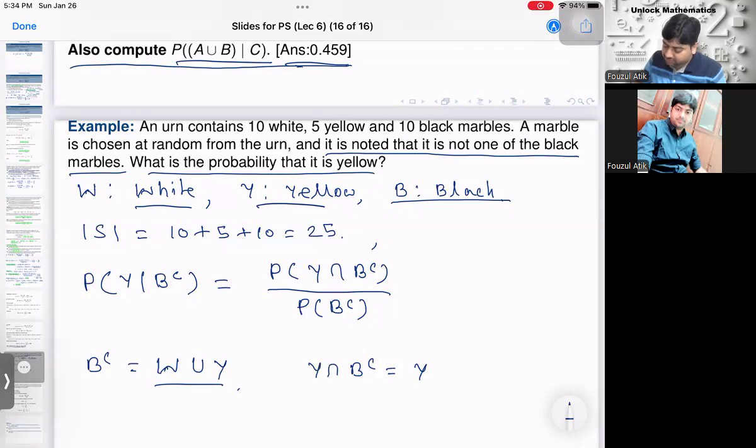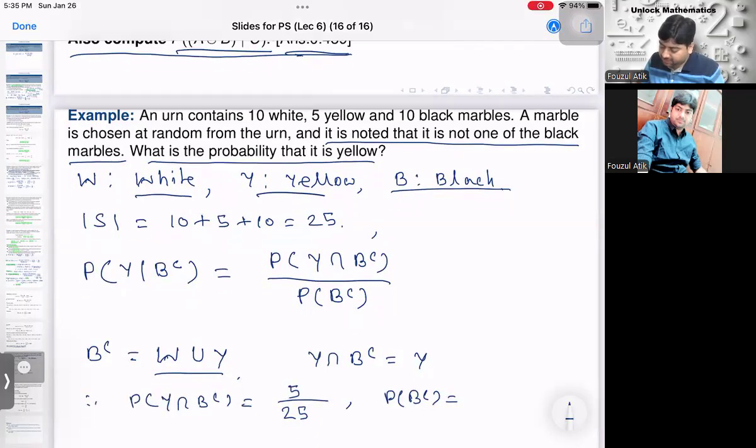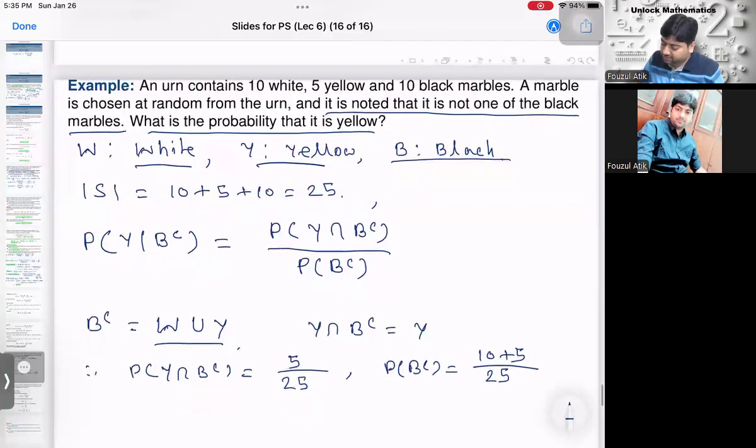Therefore, what is the probability of Y intersection B complement? It is the number of elements in Y, the cardinality of the set Y, which is 5, divided by the total number, 25. And what is the probability of B complement? It is the number of cases for Y and W, so 10 plus 5, divided by the total number of outcomes in the sample space, so it is 15 by 25.